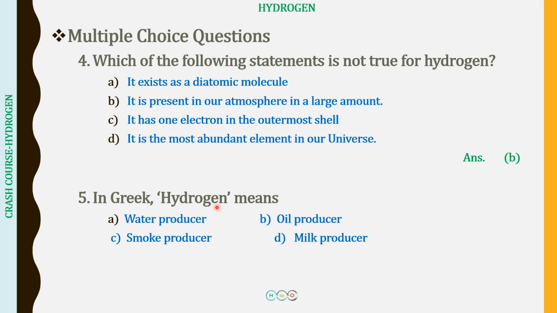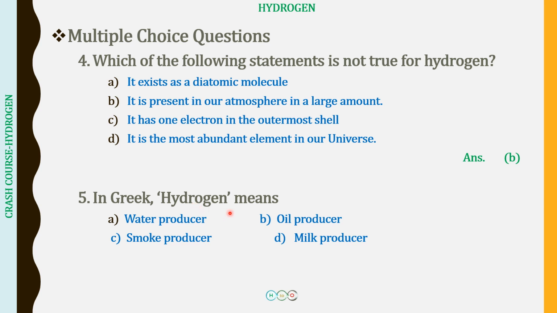So this word hydrogen was coined by Antoine Lavoisier from these two Greek words, hydra and genas. So he now knew, after the understanding from Henry Cavendish, that hydrogen can be used to prepare water.